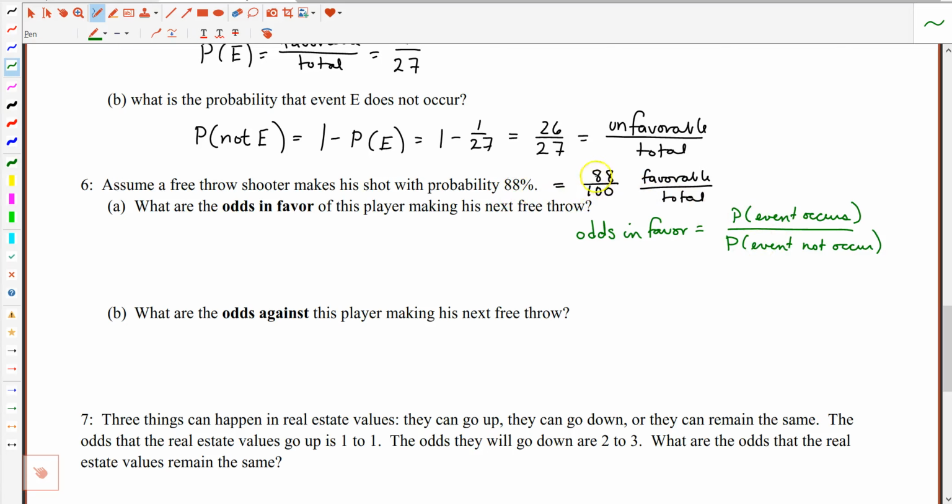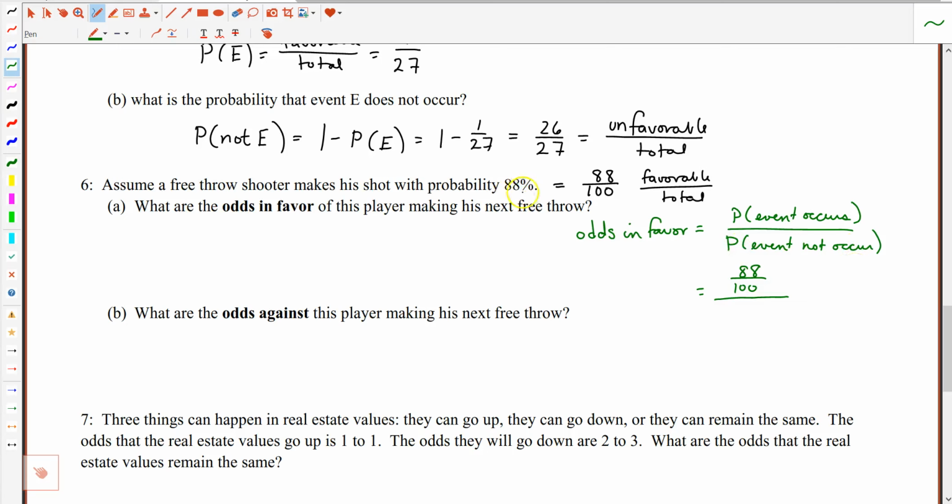So for the probabilities, we're going to use the fraction form of it as opposed to the percent. So in this case, the probability that the event occurs would be 88/100, which would be the representative of 88%. Okay, that builds my numerator. Then the probability that the event does not occur.